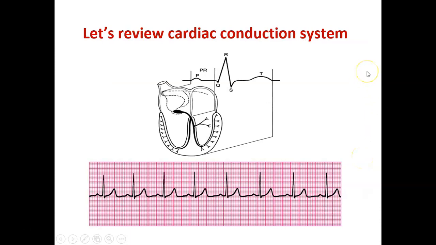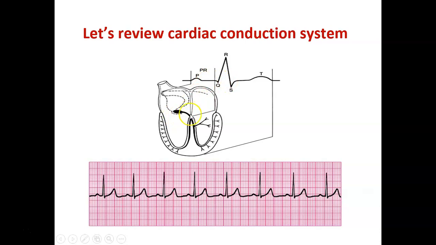Before going through the pre-excitation mechanisms, let's review the normal conduction pathway in the heart. Electricity originates from the SA node, then travels through both atria via the internodal fibers, and reaches the AV node. This is a very important place because here the electricity stays for some time, giving the atria enough time to contract before the ventricles, and we get the PR interval.